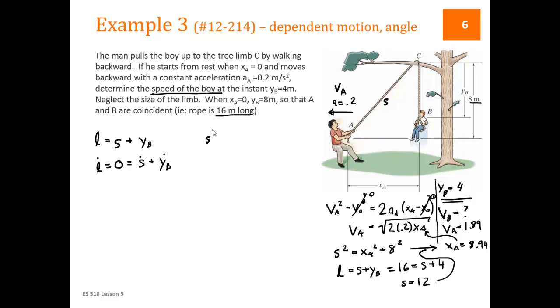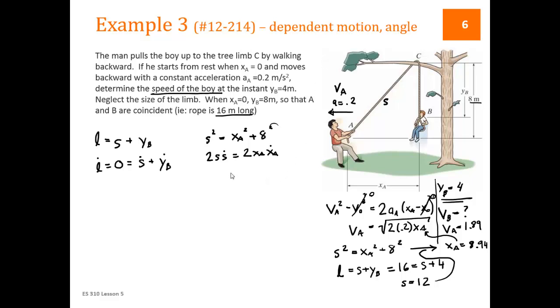So S squared is equal to XA squared plus 8 squared. Take the derivative of both sides because we're trying to find S dot. So 2S S dot is equal to 2XA XA dot, and the derivative of a constant is 0.